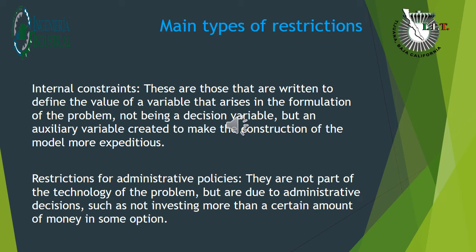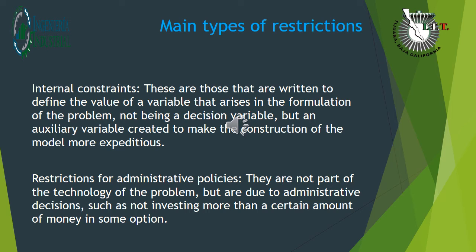Main types of restriction. Internal constraints. These are those that are written to define the values of a variable that arises in the formulation of the problem, not being a decision variable, but an auxiliary variable created to make the construction of the model more expeditious.